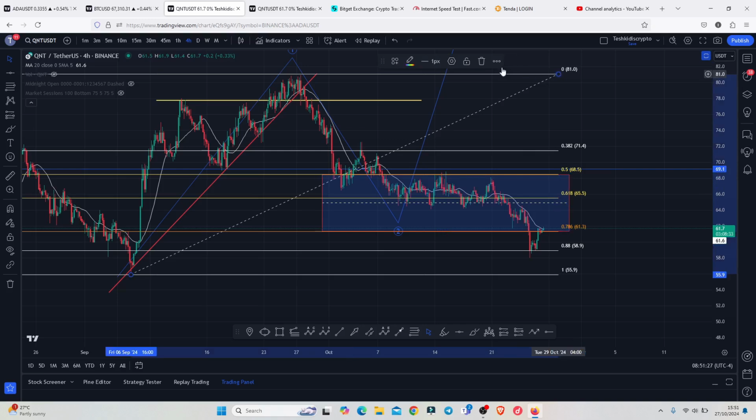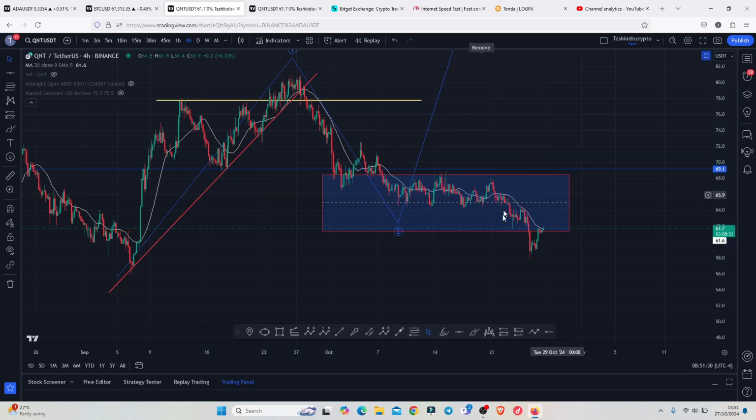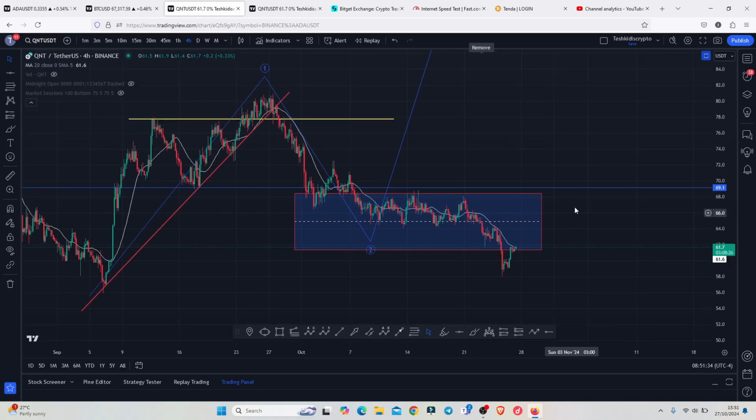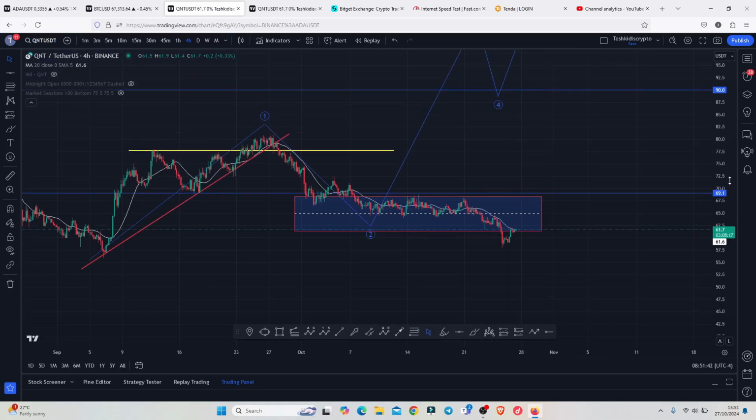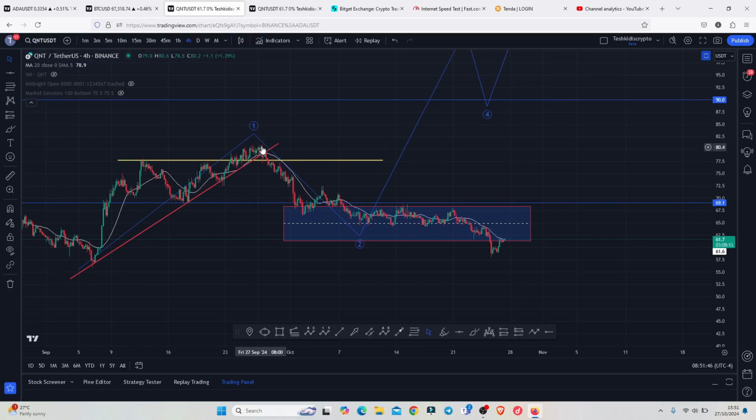And if by any chance we manage to get back into this zone over here, there's a chance of another bounce, giving us a break above our next key area of resistance above the $69.1, and I will only consider that movement to the upside bullish the moment we manage to break above the highs that we made in this impulsive count 1 above the $81.